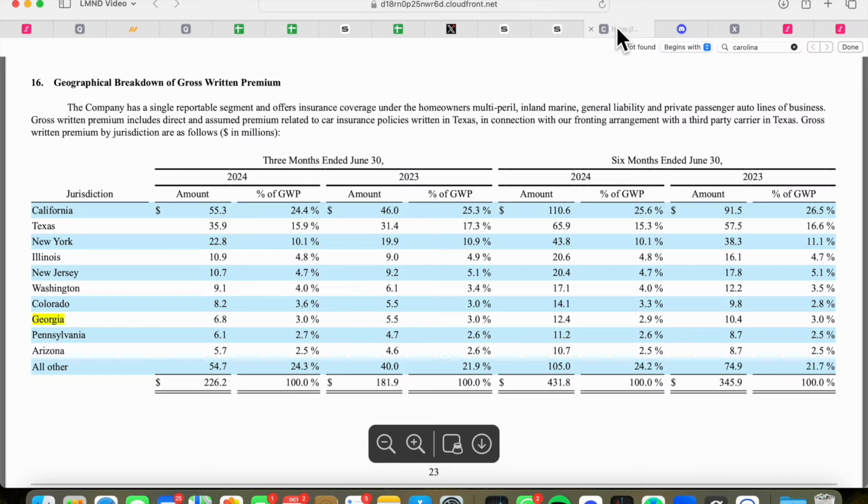North Carolina doesn't even show up on the list to be part of that all other category, which is 24%. So Lemonade should have pretty limited exposure to those two hurricanes that occurred. We'll see though. It's tough to predict, even in Georgia, how much damage occurred and how that affects the overall loss ratio. We can look forward into the quarter though.